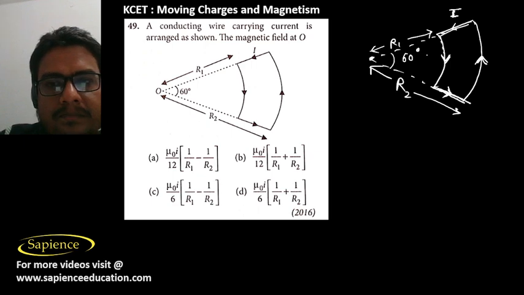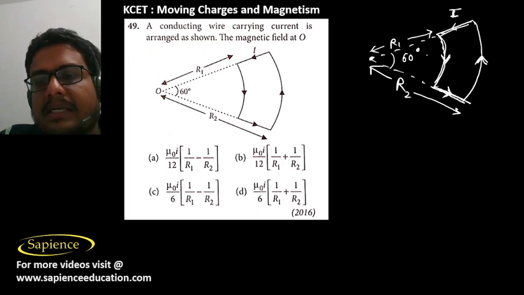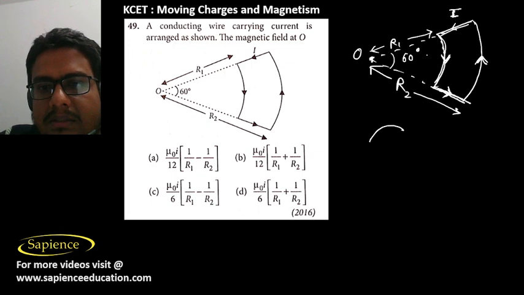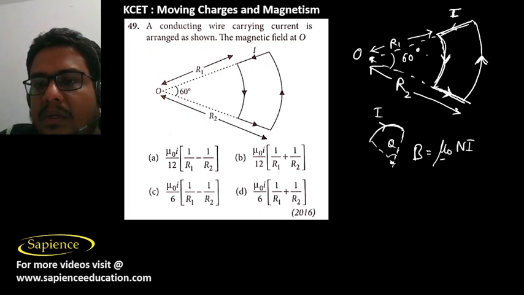So now, how much is the magnetic field here? Due to these circular parts only, the net magnetic field will be produced at the point O. So we know that for a circular arc subtending an angle theta at the center, if current I is flowing, then the magnetic field due to this part is given as mu naught n I by 2r, where r is the radius of this arc.